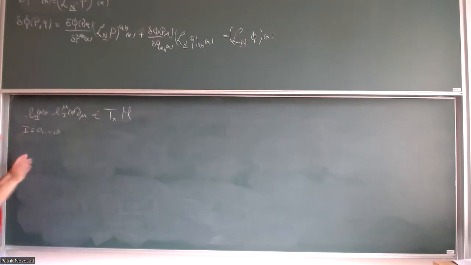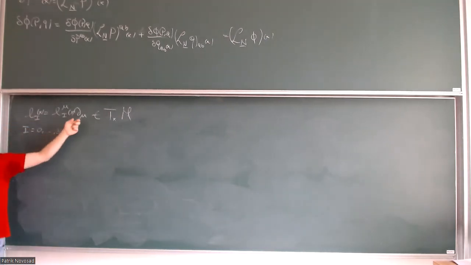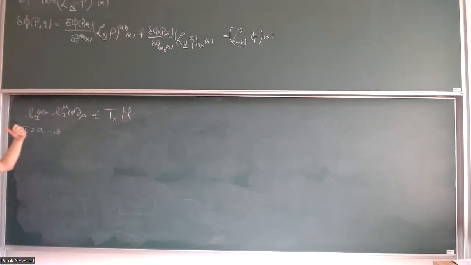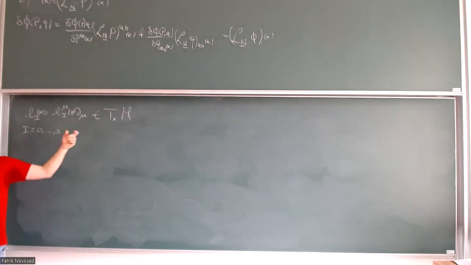But okay, I was saying that together with this, we also know that there is an isomorphism between the tangent space at a point and the cotangent space at the point.